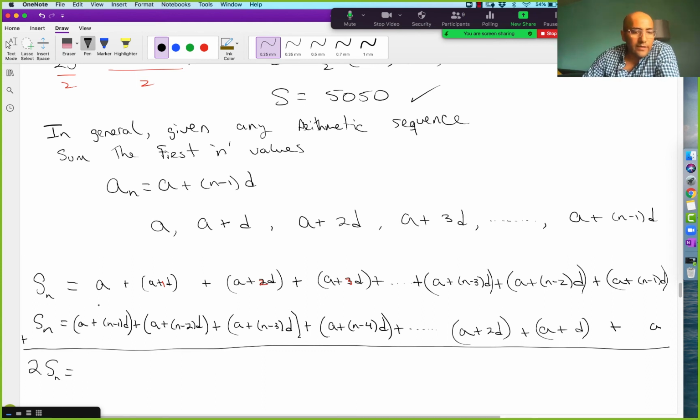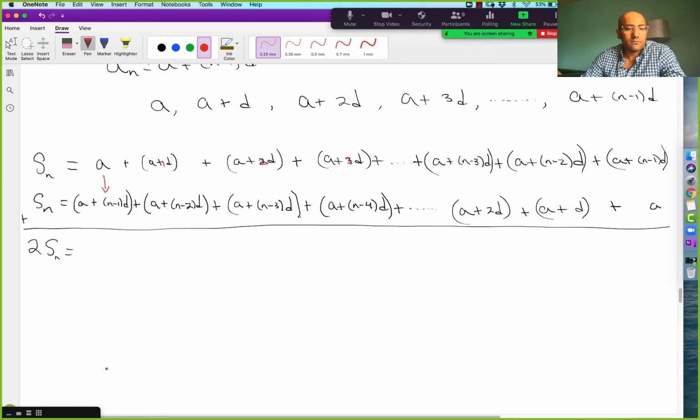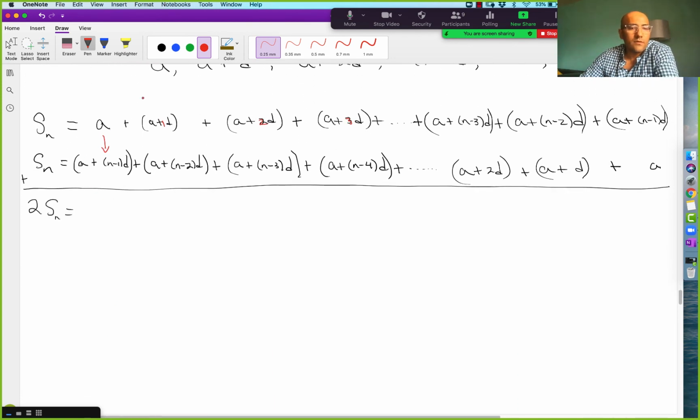Okay, and so what happens with these? Let's add these two up. So if I add these two, well, we add the common terms. It's just going to be a plus this. So that first term is going to end up being a plus n minus 1d.